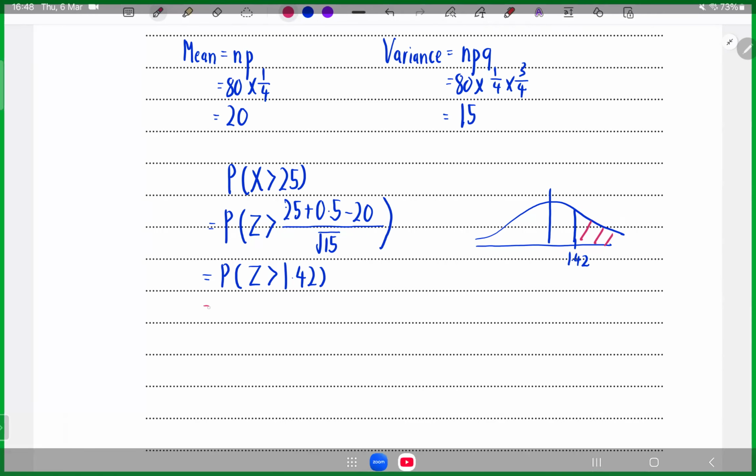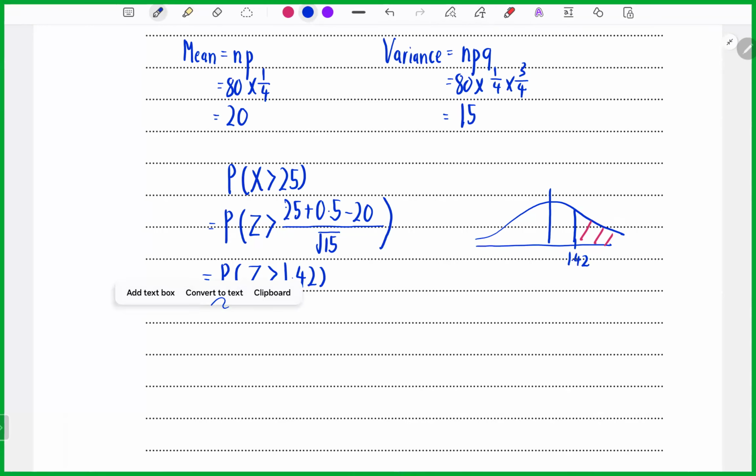Sorry, I use blue color. So you can take 1 minus the value for 1.42 here. Let's find what's the value for 1.42. So you can take 0.9207, which will equal 0.0793.